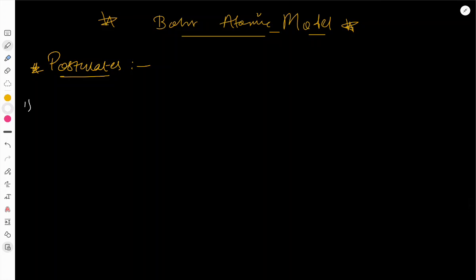So let us first discuss the drawbacks of Rutherford's model so as to understand. Rutherford's model said that the electron is in an orbit, and if it is revolving in a circular orbit, then according to Maxwell's equations, it should emit a particular type of light while revolving. We will discuss Maxwell's equations in further episodes.